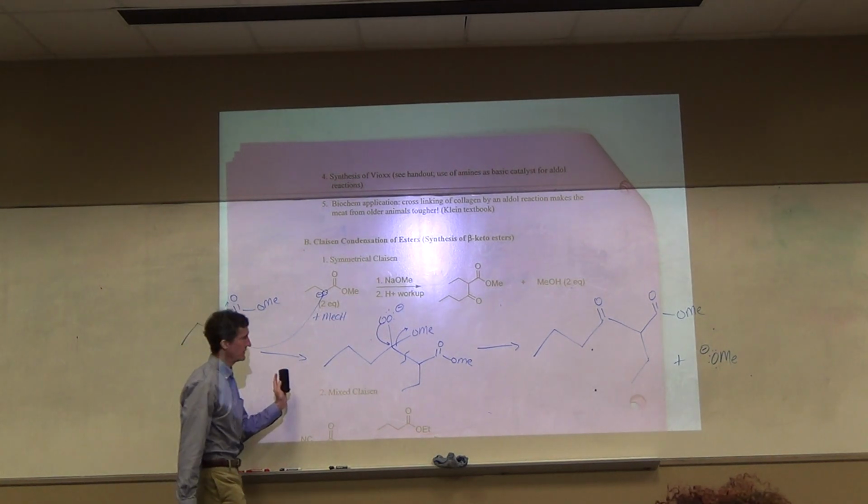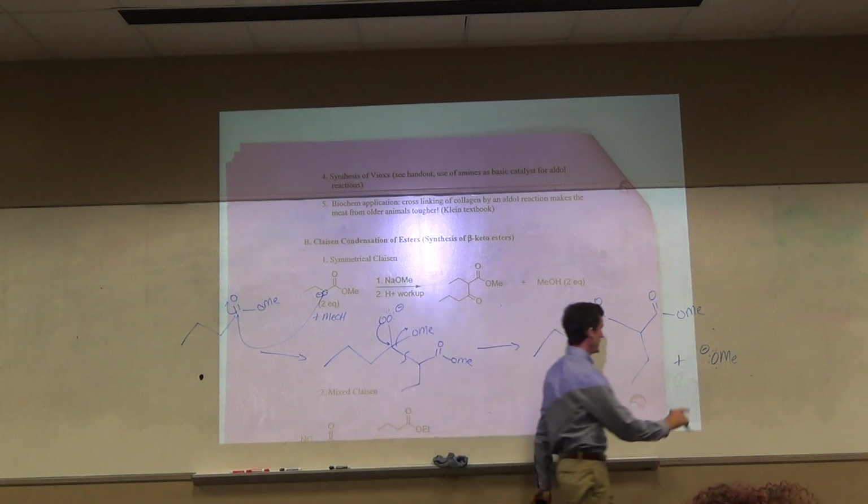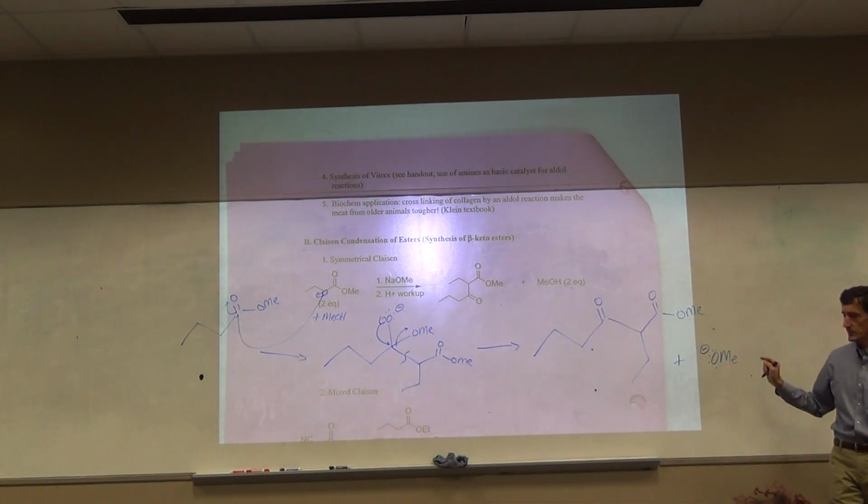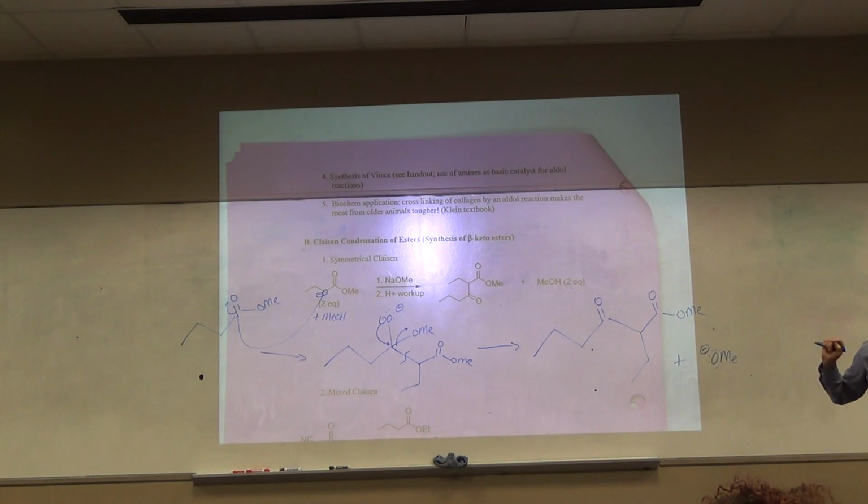But here we reformed methoxide. So what do you want to call methoxide in this reaction? You might want to call it a catalyst. It's actually not a catalyst here, because it's not actually reformed, because the reaction's not over.